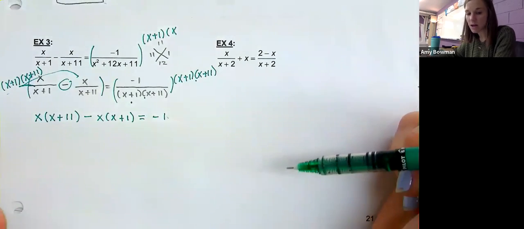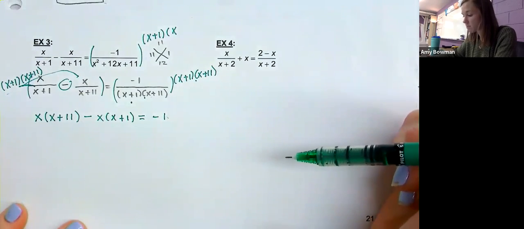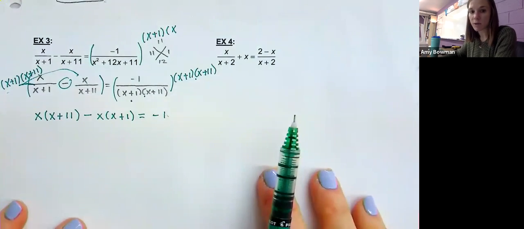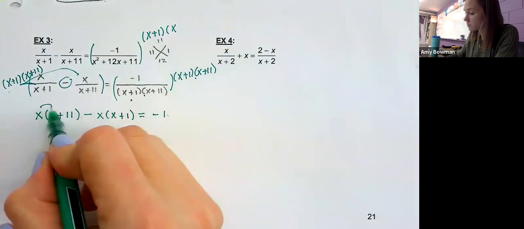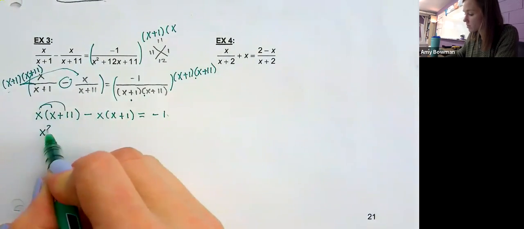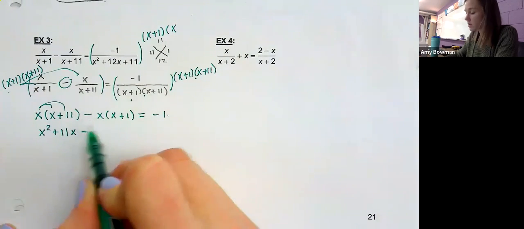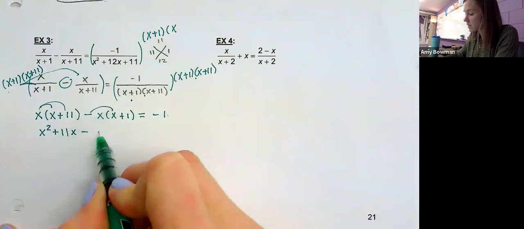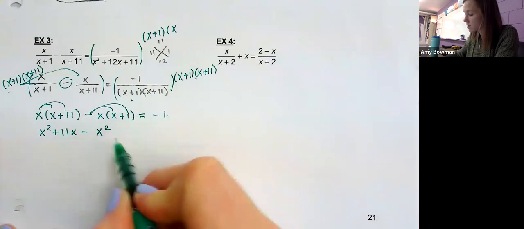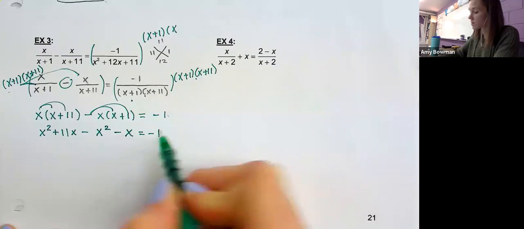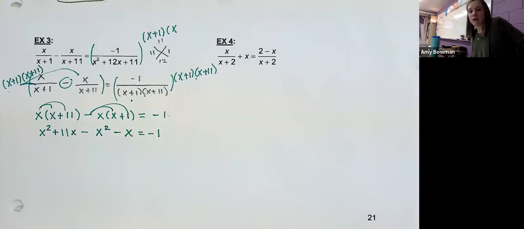So it's a lot that happens in this first step, but it cleans up all of the fractions right away, and then you're left with a much more basic type of equation that you guys have had a lot of practice solving. So we would distribute, so x squared plus 11x. Now, right here, make sure you're distributing the negative x, so negative x squared, and then minus x equals -1. And now you're just going to combine like terms on the left.